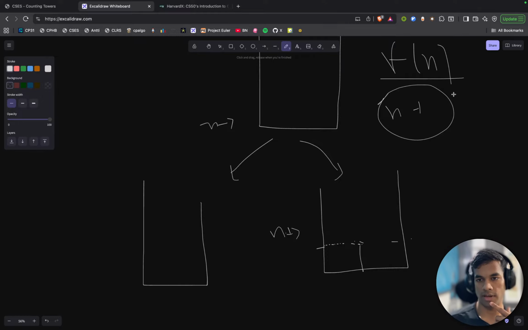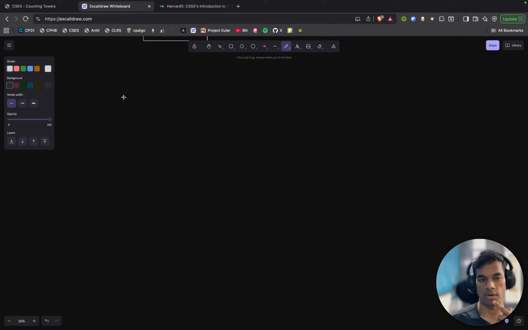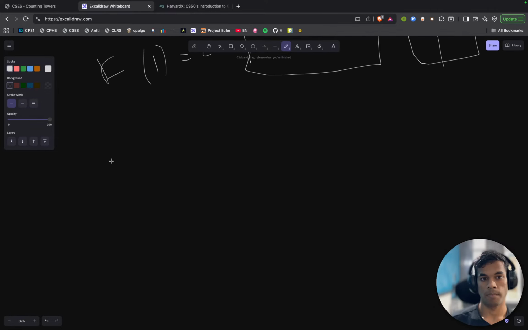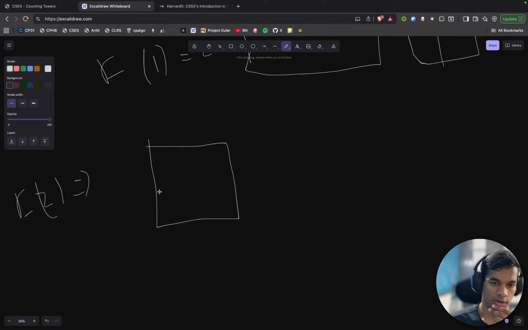Then how would Fn depend on Fn minus 1? How would Fn depend on Fn minus 1? When we know F1 equals 2, which is this and this F1. And then we have F2, which is, to state them again, this.